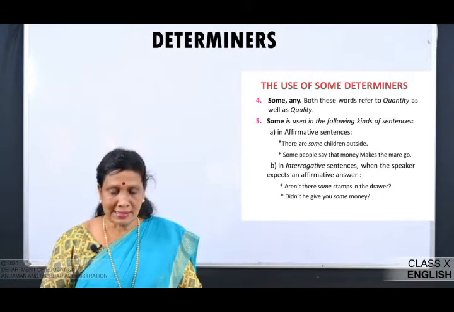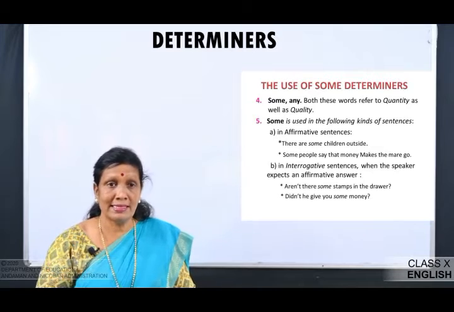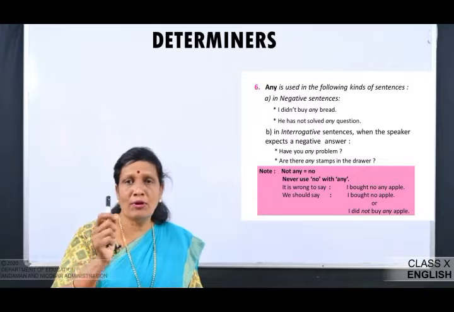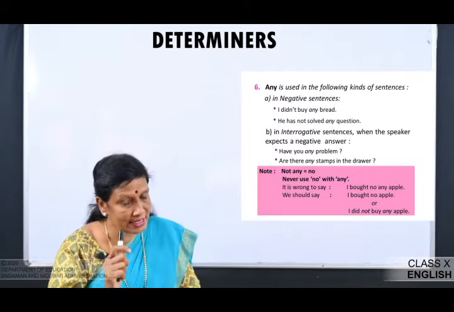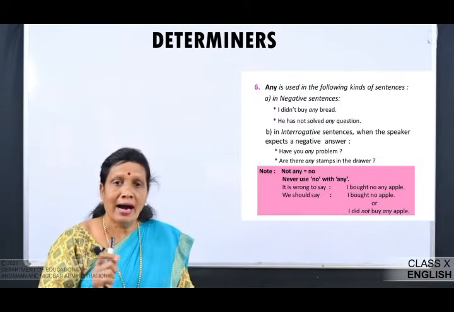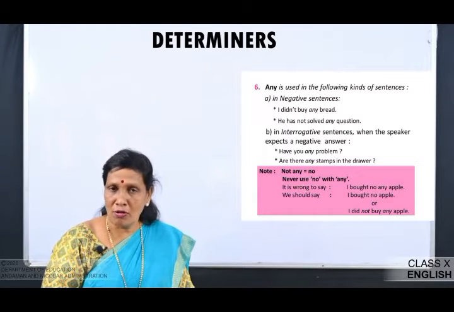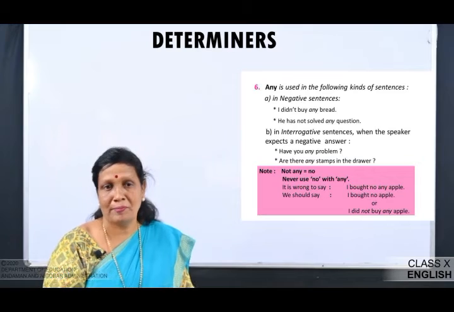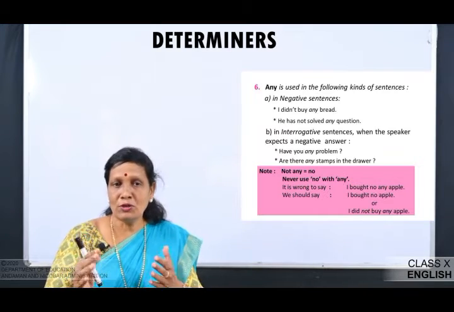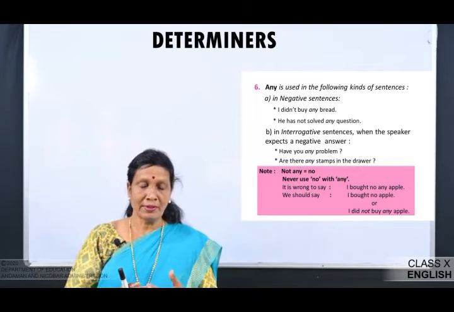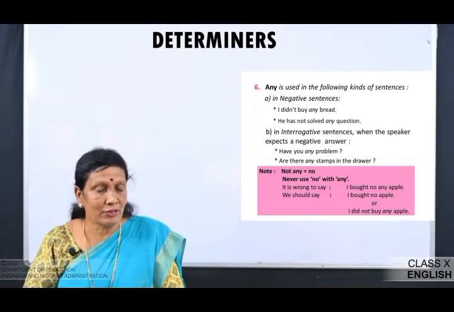Okay, now let's move and see the use of any. Any is used in the following kinds of sentences, in negative sentences. I didn't buy any bread. He has not solved any question. Okay, as I told you, not. When you see not in a sentence, children, that means it is a negative sentence.